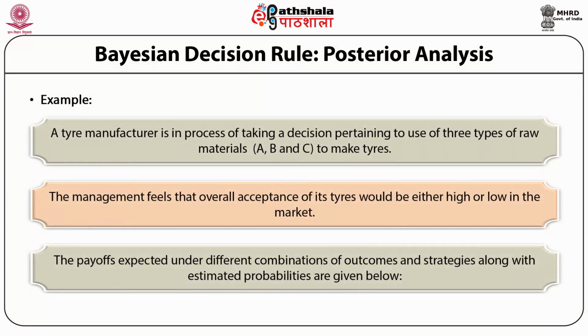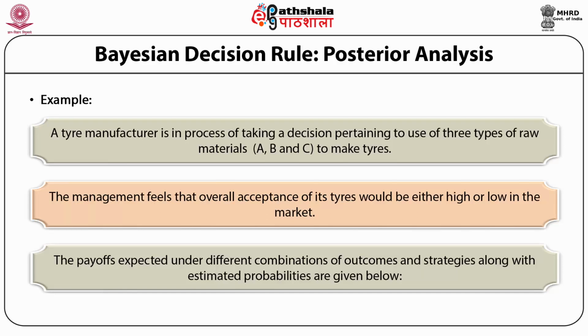So students, now I am going to discuss with you a very important decision rule known as the Bayesian decision rule. It is also known as posterior analysis. This is a criterion that ignores the prior values of the probabilities and advises going with the posterior probabilities. Actually, the Bayesian rule is an extension of the previously discussed criteria.